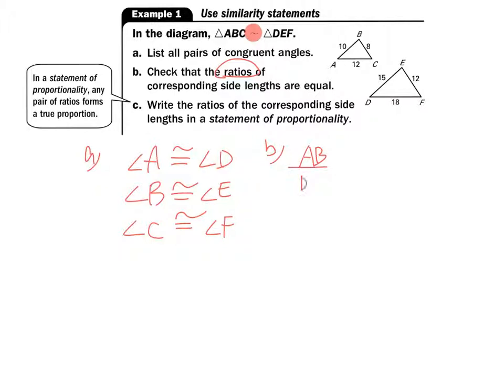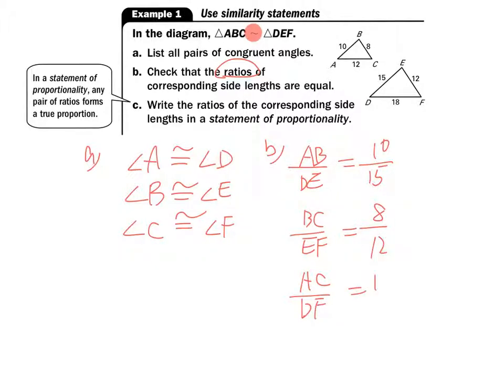AB over DE would be 10 over 15, and BC over EF should be 8 over 12, and AC over DF, these are all corresponding sides, right? Once you set this up and simplify it, you should come up with exactly the same number here. And this 2/3 is what we call a scale factor.